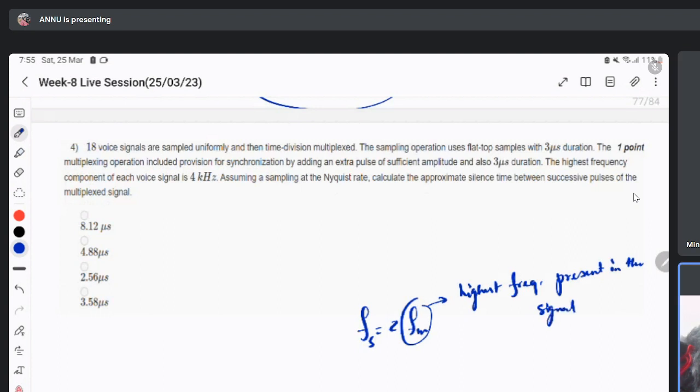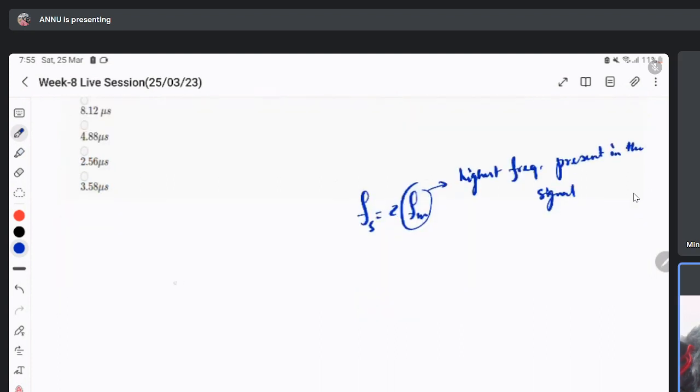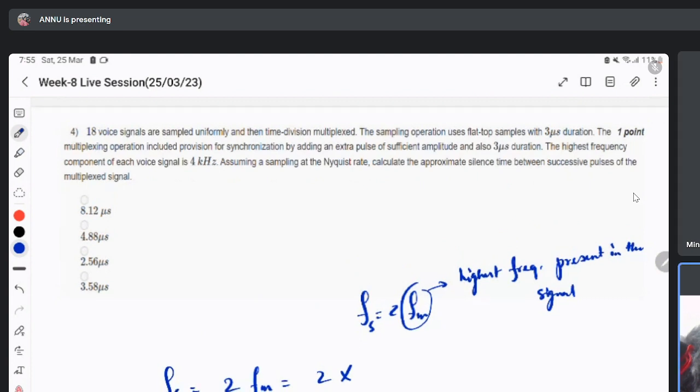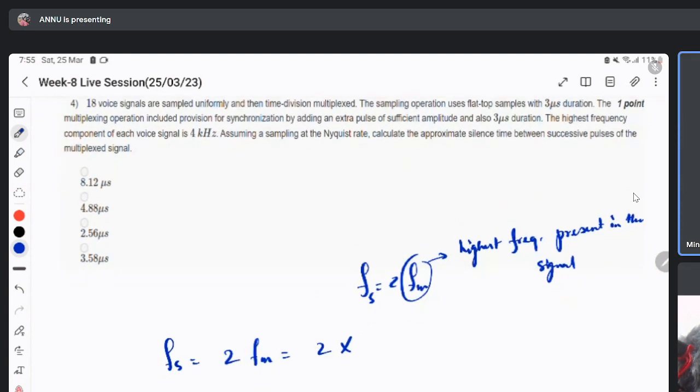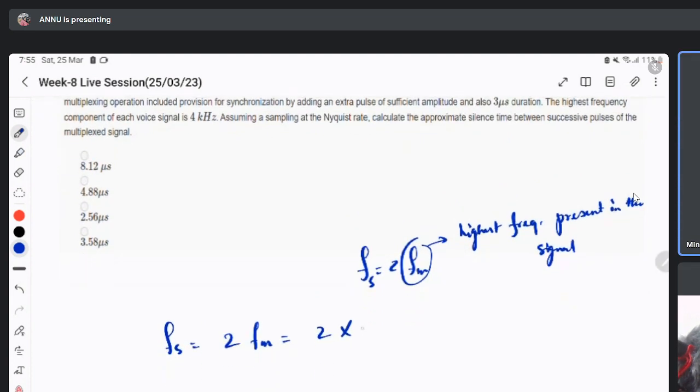Fm is 4 kilohertz, so Fs is 8 kilohertz.